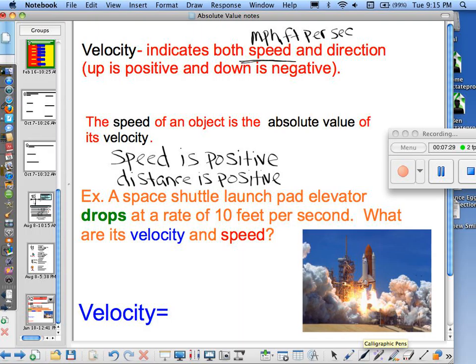So an example, we have a space shuttle. Okay, when it goes up in the air, it has a launch pad that also drops at the same time. So if it's dropping, that means our direction is going to be positive or negative. You decide. Okay, if it's dropping, it's going down, so it's a negative. Okay, when we see the 10 feet per second, well, this is a speed.